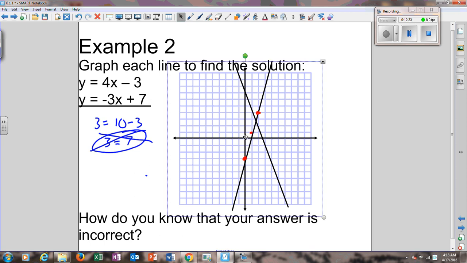This one we start at 7. So we go up to 7. 1, 2, 3, 4, 5, 6, 7. Make a dot. Then we go down 3 and right 1. Once again, a little off, but not by much.